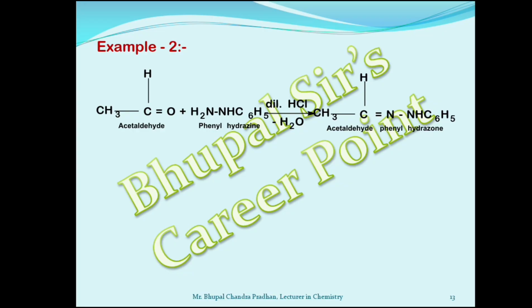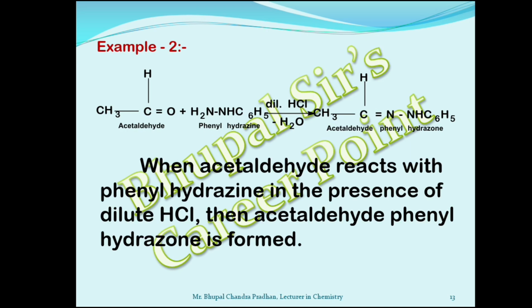The oxygen of the carbonyl group and the H2 of phenyl hydrazine will be removed as a water molecule and it will give us acetaldehyde phenylhydrazone. In the statement we write down: when acetaldehyde reacts with phenyl hydrazine in the presence of dilute HCl, then acetaldehyde phenylhydrazone is formed.